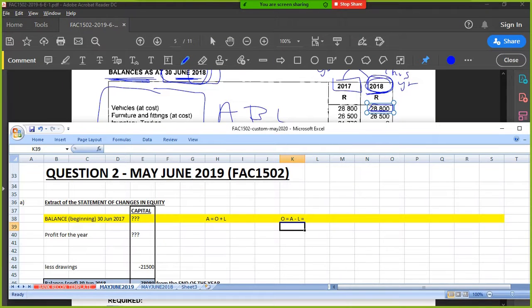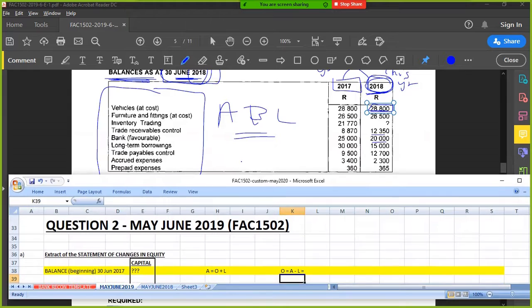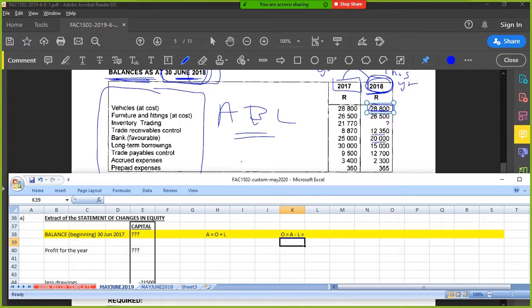So let's go back and let's do the working. Capital at the beginning of the year, owner's equity, would have been the capital at the end of last year. So 2017, what do I have? Vehicles, 28,800. Furniture plus 26,500. Inventory plus 21,770. Trade receivables plus 8,870.